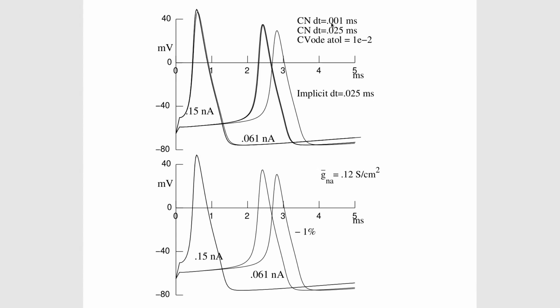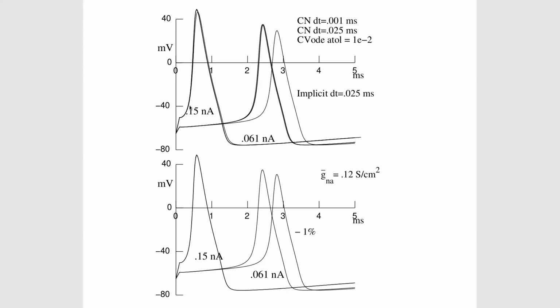Crank-Nicolson with a dt of 0.001 milliseconds, that's a 1 microsecond time step. Crank-Nicolson with a dt of 25 microseconds. Adaptive integration with an error tolerance of 0.01. And plain old implicit Euler, plain old backward Euler with a time step of 25 microseconds.